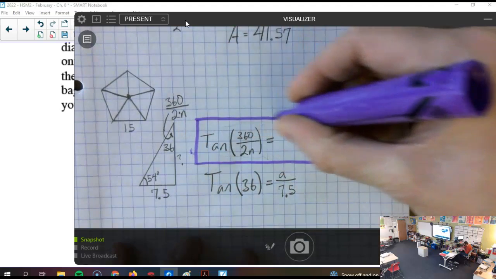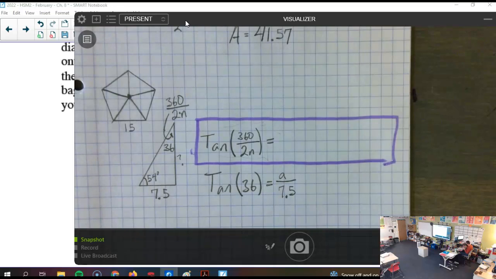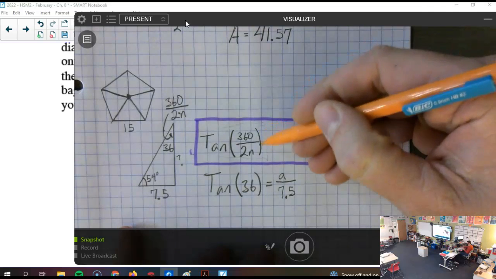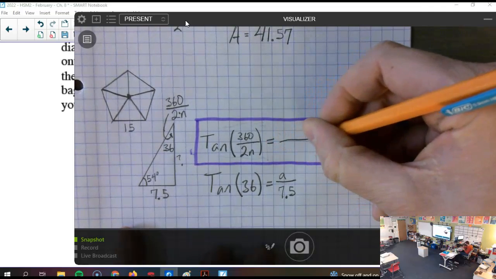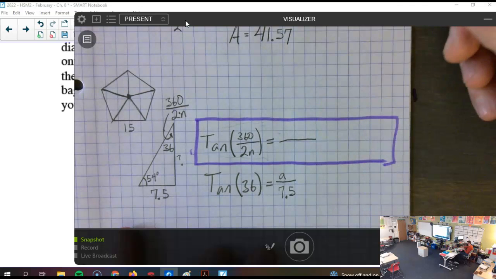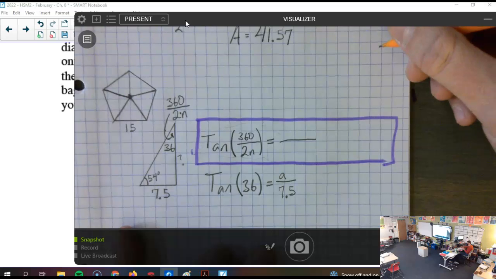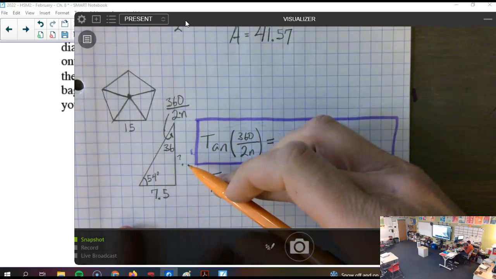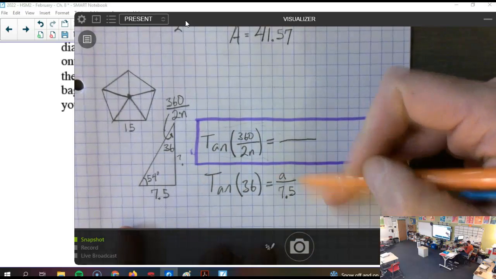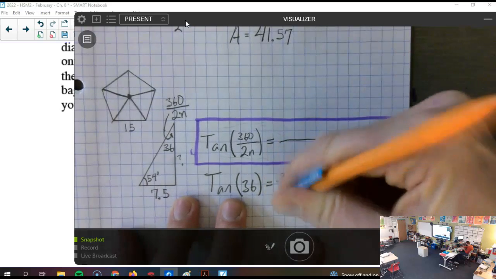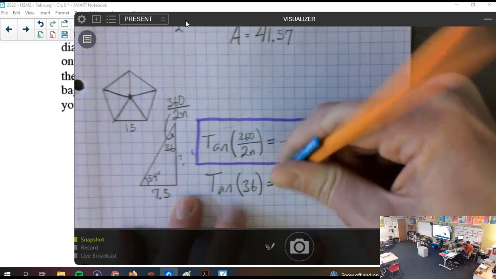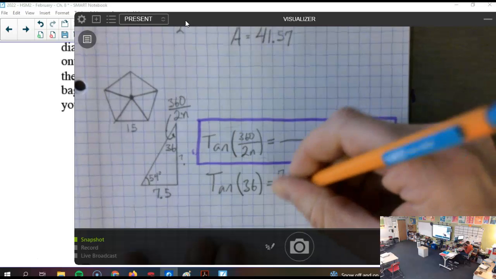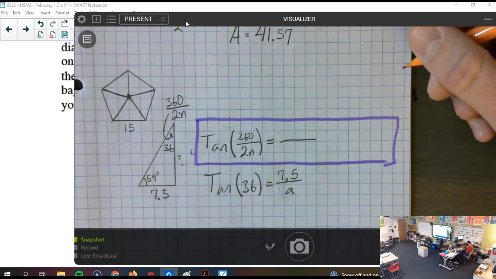If I'm trying to build something that might work for all shapes where we know the edge length, then this is tangent of 360 over 2n equals, what would I build in this fraction for something that is always going to work? Well, wait, opposite over adjacent. I think I got this upside down. I was waiting for somebody to catch me on that, right? Okay, wait. 7.5 over A. See, I wanted to do 54.